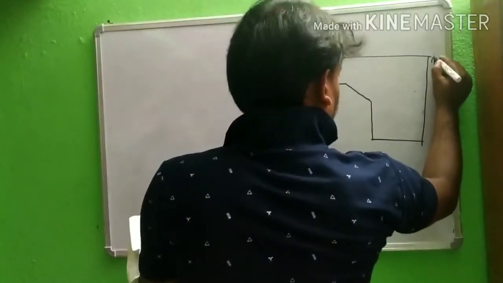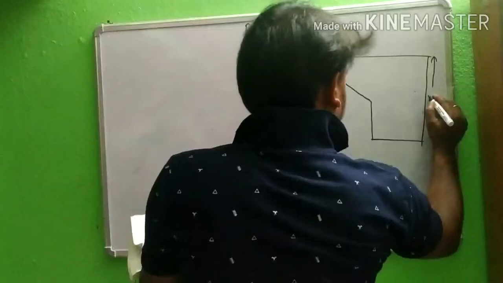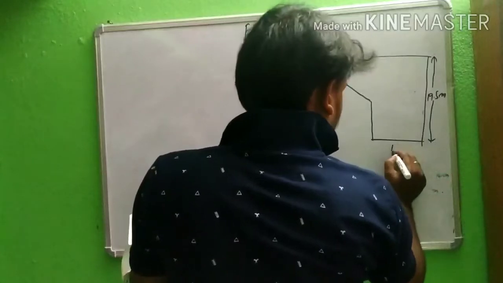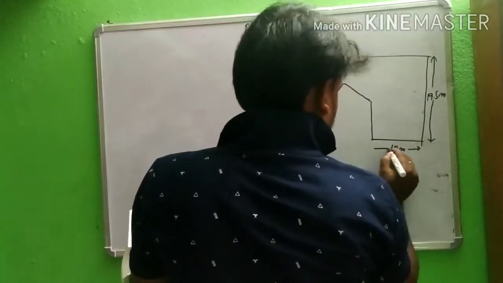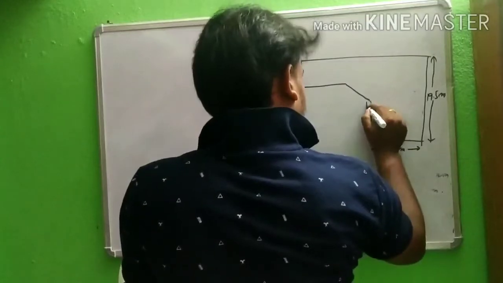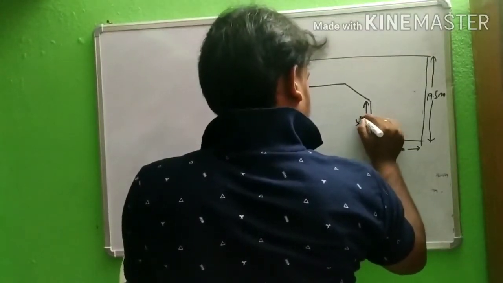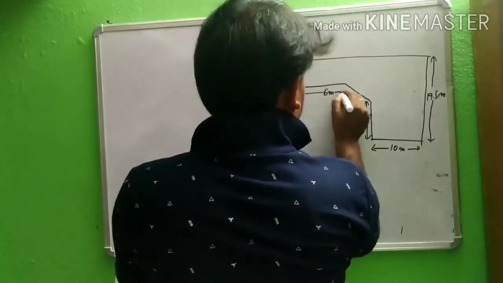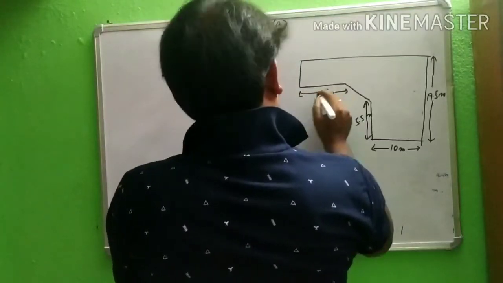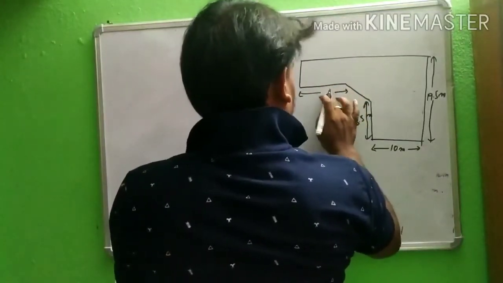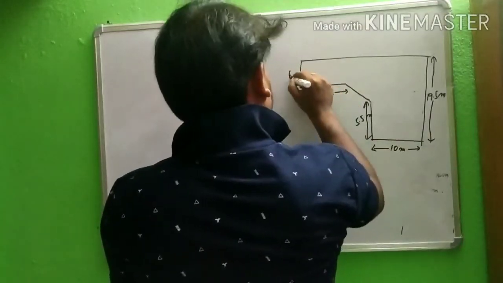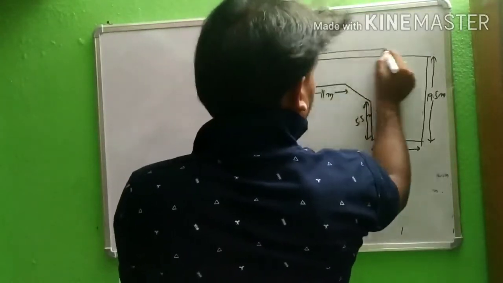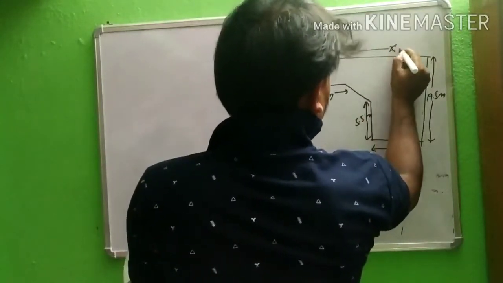So length of this one is 19.5 meter, 10 meter, 5.5 meter, 5.5 meter. This one 11 meter, not 6 meter. 11 meter, 6 meter, 6 meter, and total 25 meter. Okay.